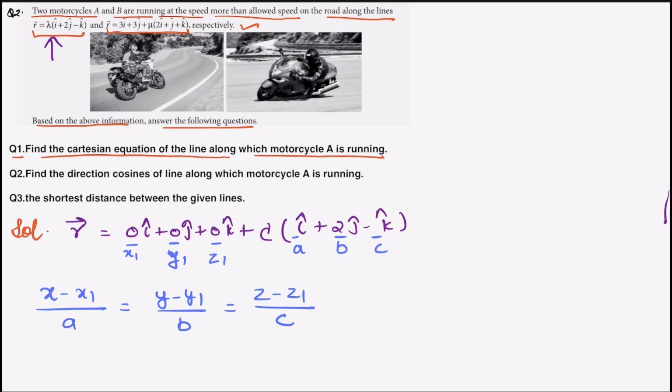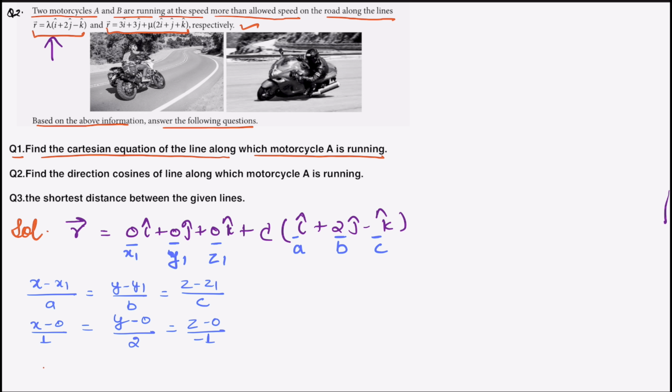Now as we have written the x1, y1, z1, a, b, c, we can simply put the values. So x minus 0 upon a, which is 1, equals y minus y1, that is 0, upon b, that is 2, equals z minus z1, 0, upon c, c is minus 1.